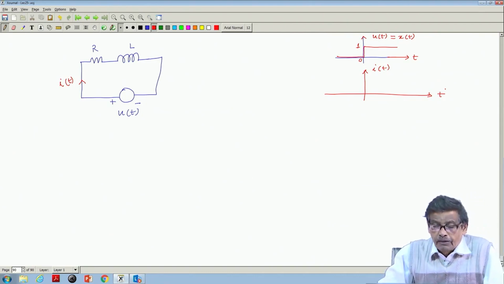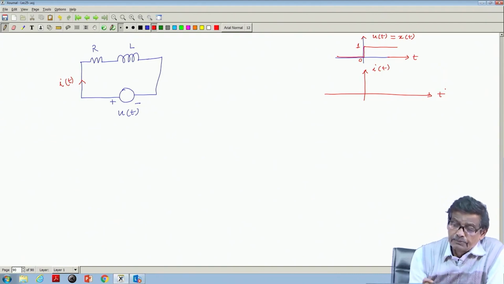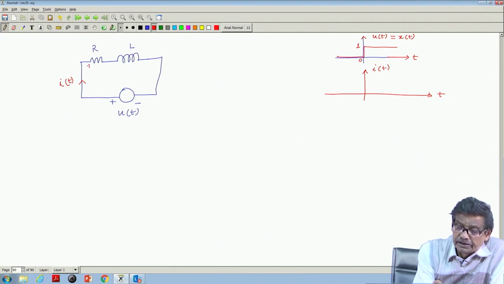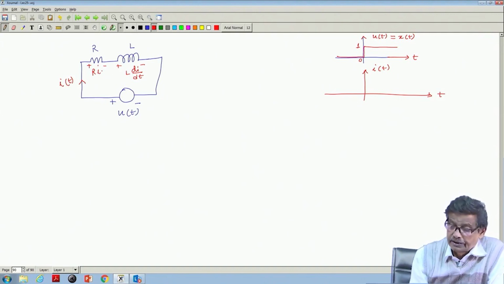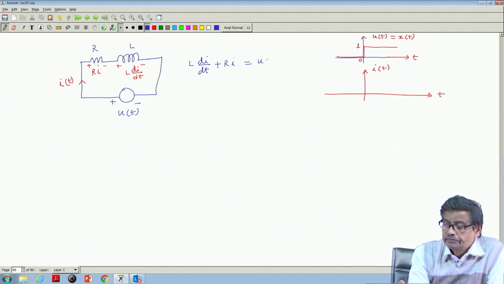Okay. So, what I am going to do is this, I will write down first the differential equation, and this we know L di/dt, and this we know R i with the assumed direction of the current. Then I will say the equation is L di/dt plus R i is equal to u(t).